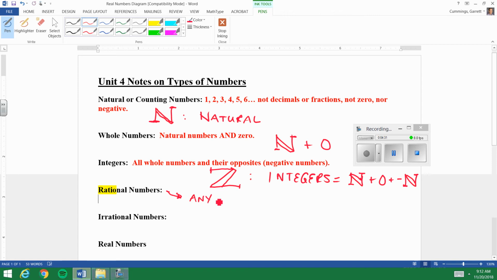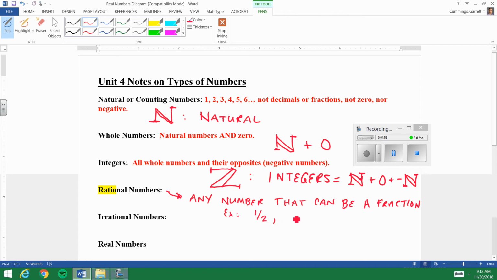I'm just going to say any number that can be a fraction. Any number that can be a fraction. For example, 1/2.